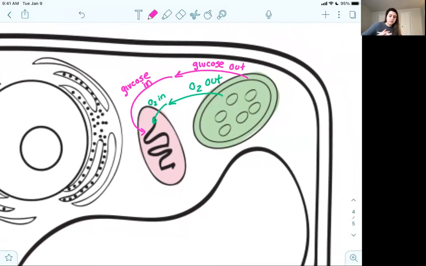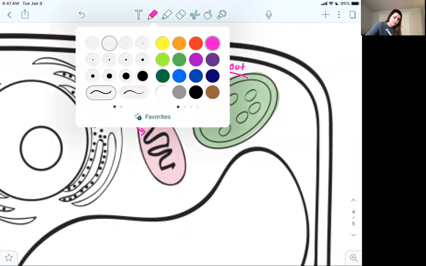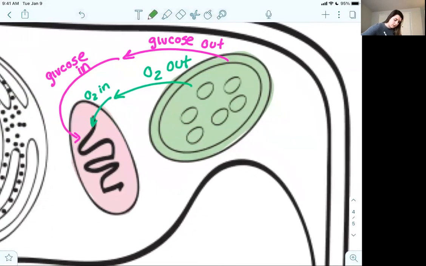And so we see that regardless of what we have coming in and out of the mitochondria, these two things, the glucose and the oxygen, are an output of this process of photosynthesis. Remember, photosynthesis happens here. The outputs of that happen to be the inputs of our process of cellular respiration, which is happening here.